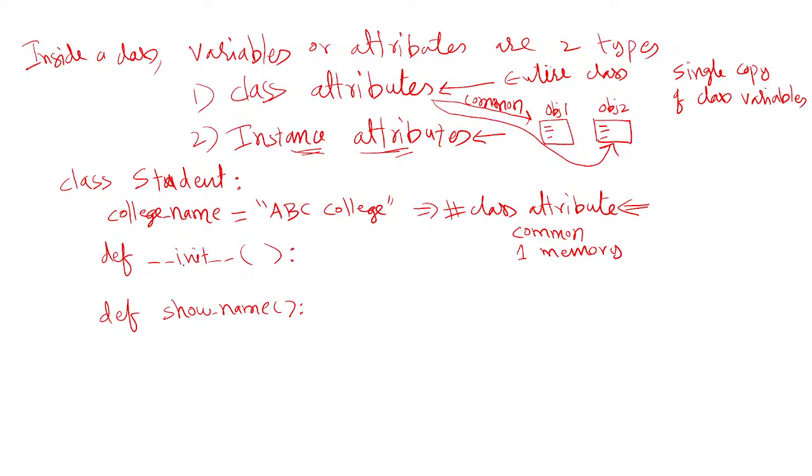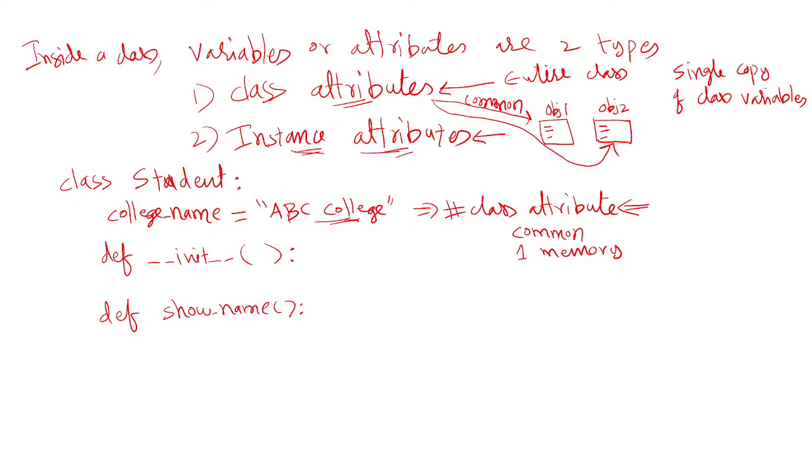All the students belong to the same college name. You can create a college name in every object, but what happens then? Every time you are unnecessarily storing an extra variable. If 100 students are there, 100 times you are storing the same name, duplication, wasting your memory. So for such common attributes we can define class attributes in Python.